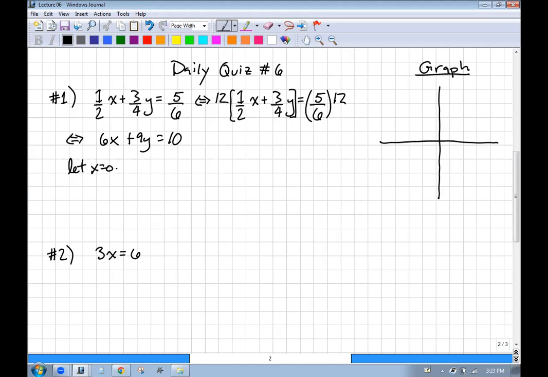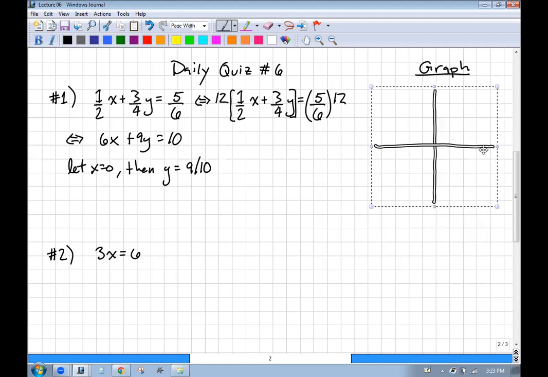Let x equal 0. If I let x be 0, then y would equal 10/9. So this is going to be a lousy thing. If I make this 1, then, oh, I got it upside down, don't I? 10/9, 10 divided by 9.